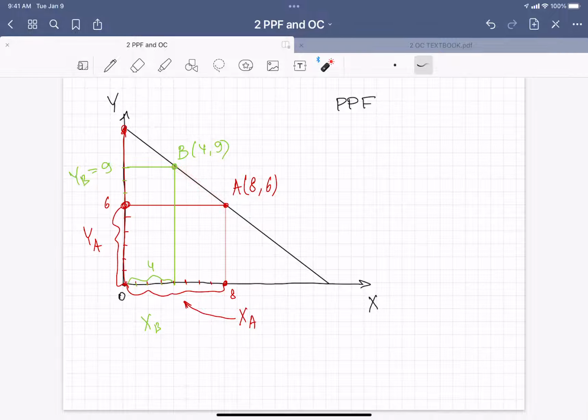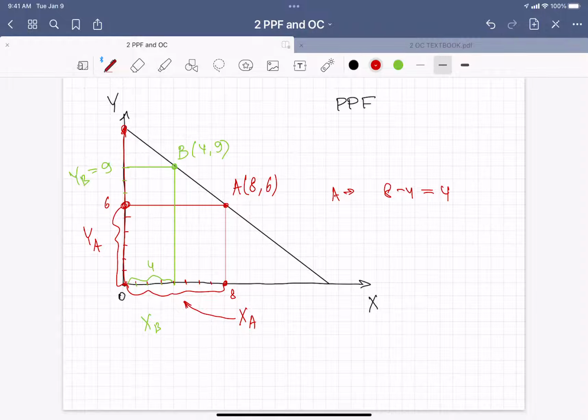And let's say you want to go all the way to point A while increasing the output of good X from 4 to 8. So you will be able to increase your output of good X by 4 units, which is 8 minus 4.